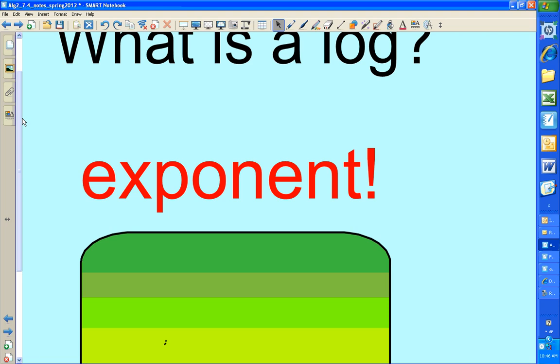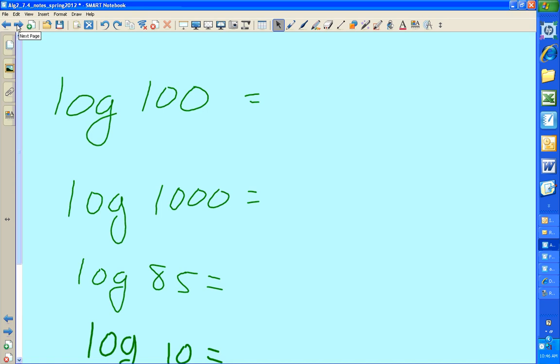So when I ask you the log of 100, I don't expect you to know. But I do expect you to take out your calculator right now and make sure that you can find the log button and find out that the log of 100 is really 2. And the log of 1,000 is really 3.